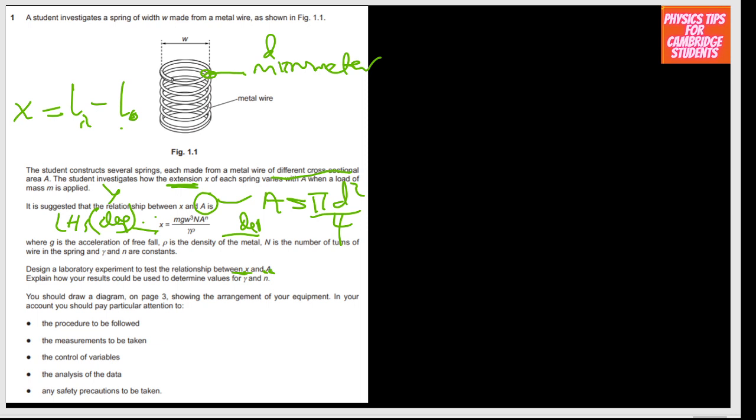So taking the logarithms, we have log x is equal to, since all the others are constants, g is a constant, m is a constant, the width of the spring is a constant again. So all that are constants.